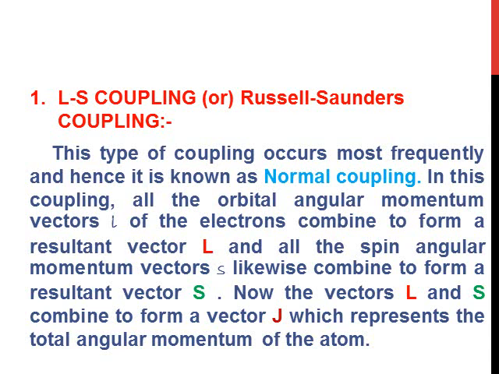In this coupling, all the orbital angular momentum vectors L of the electrons combine to form a resultant vector capital L, and all the spin angular momentum vectors S likewise combine to form a resultant vector capital S. Now, the vectors L and S combine to form a vector J, which represents the total angular momentum of the atom.